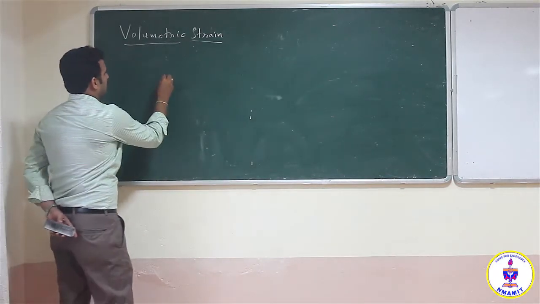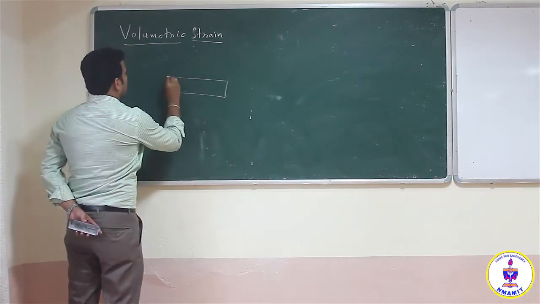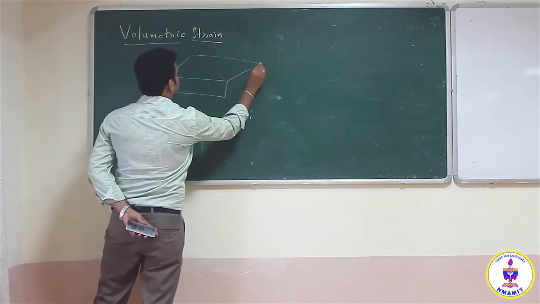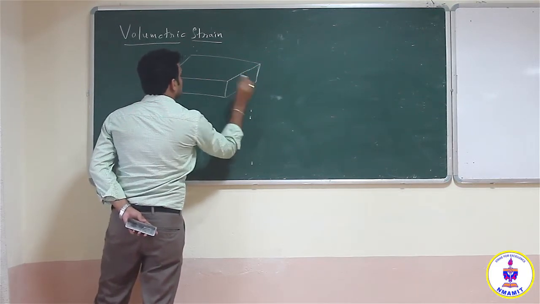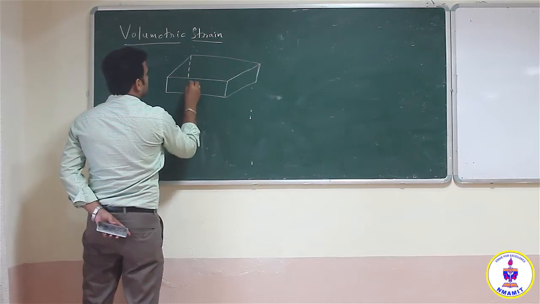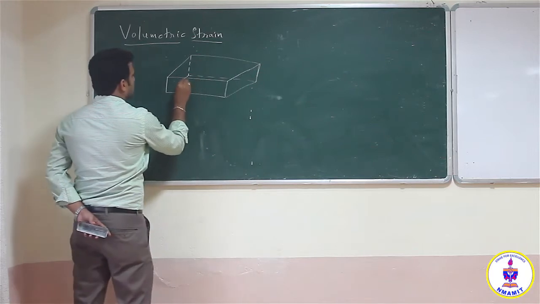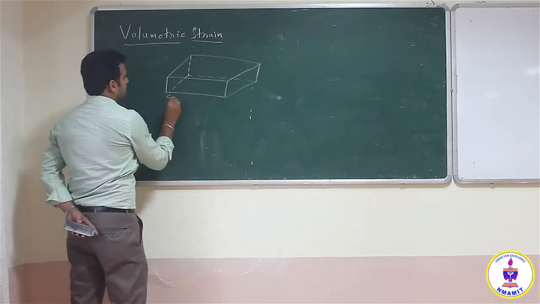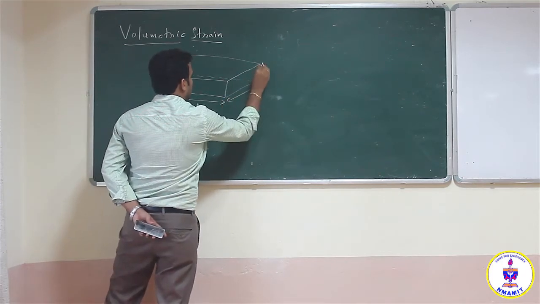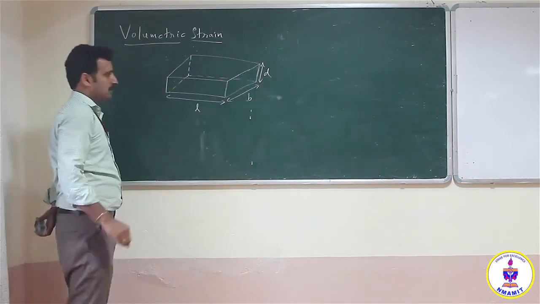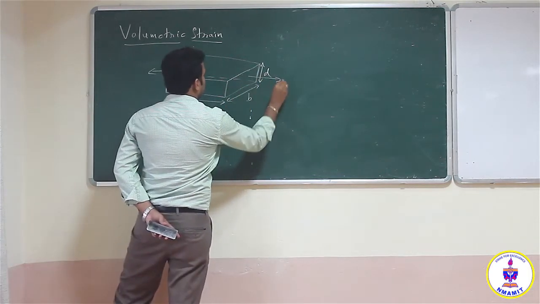So I consider a rectangular bar having a length L, width B and depth D, subjected to axial force F.